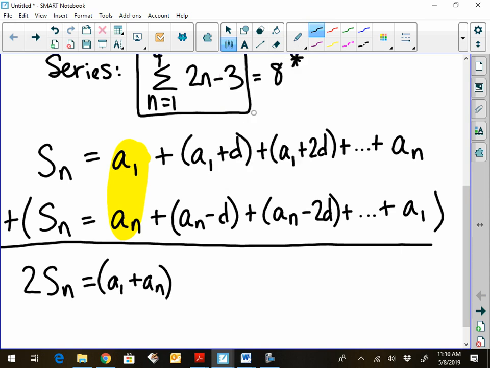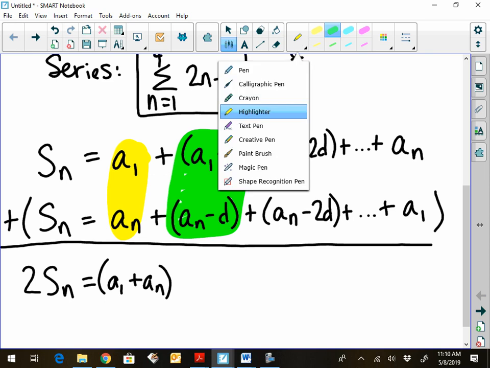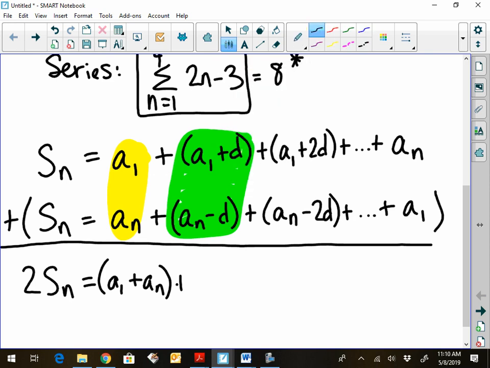Then, if we add our second two terms here, so adding these together, notice that you would get a sub 1 plus d plus a sub n minus d. So the d's would cancel out, and we would end up with plus a sub 1 plus a sub n, right? Because the d's would cancel.